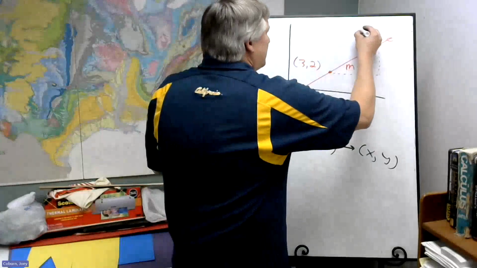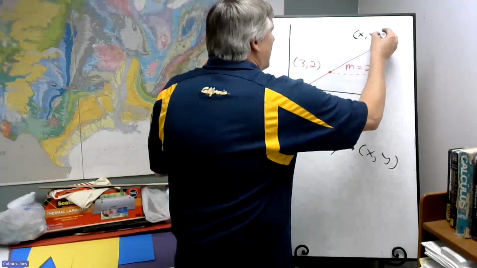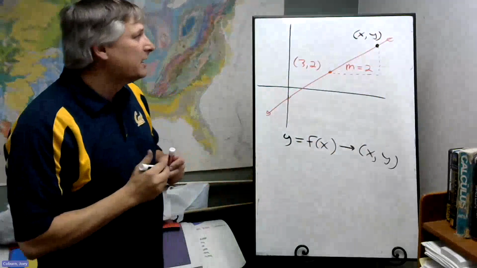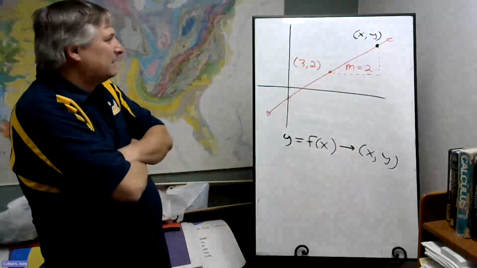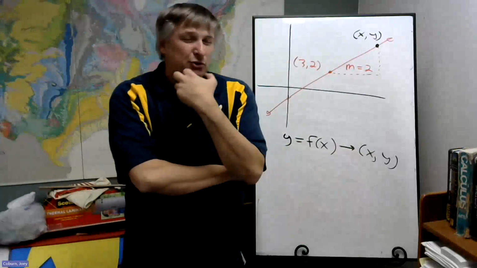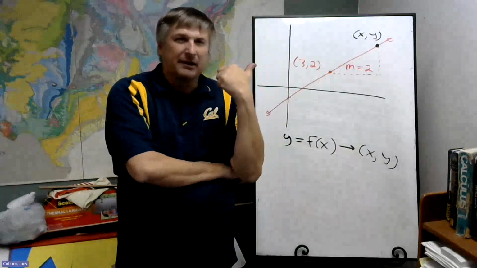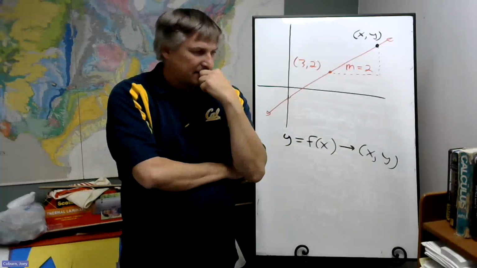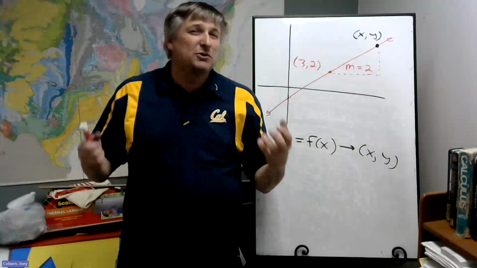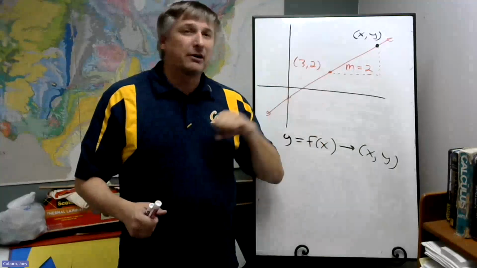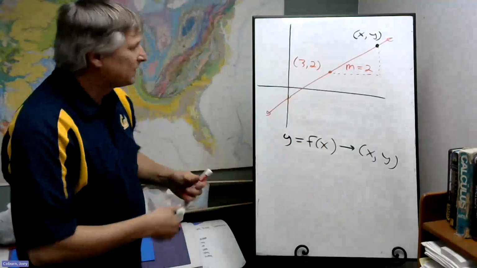So any input x for this line will have a y output defined by this mysterious formula. Well, is there a way we can trick our line to give us the formula? And there actually is. We can use the slope formula to trick our line. This is how we do it.